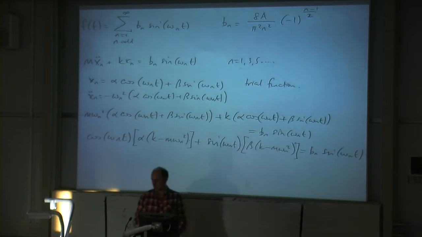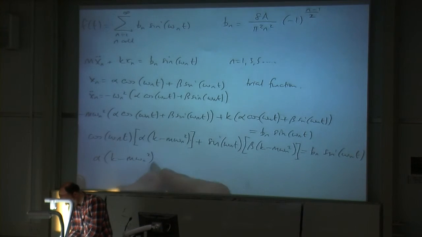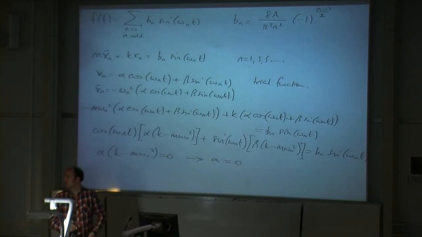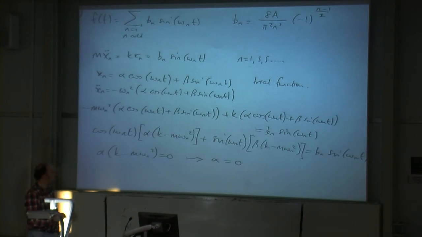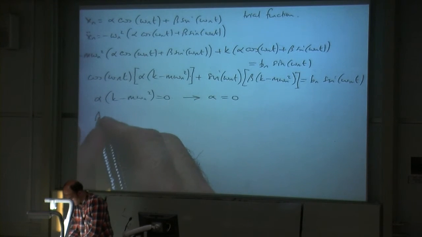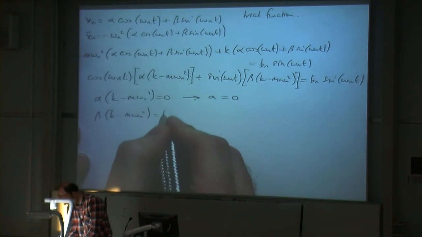And so what we can do is set those equations up. Alpha times k minus m omega_n squared equals 0. Therefore, the only way this equation is true is if alpha equals 0. And beta times k minus m omega_n squared must equal b of n.